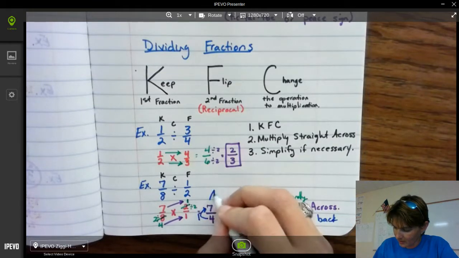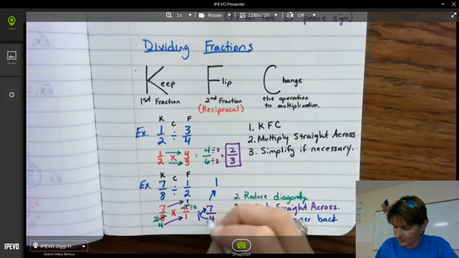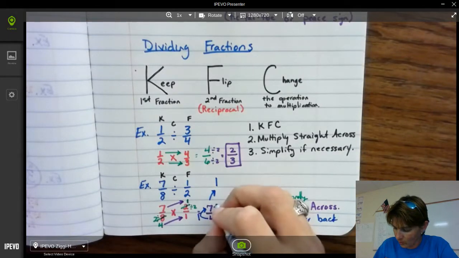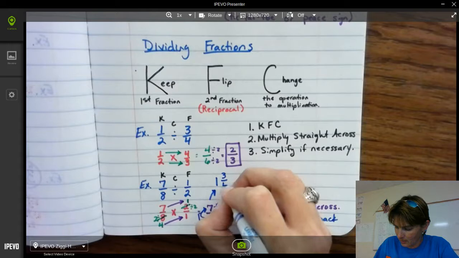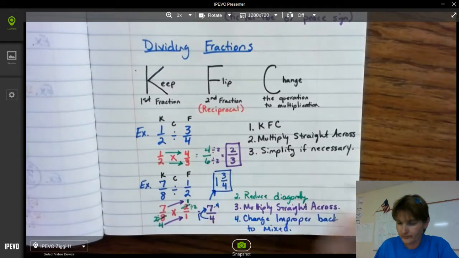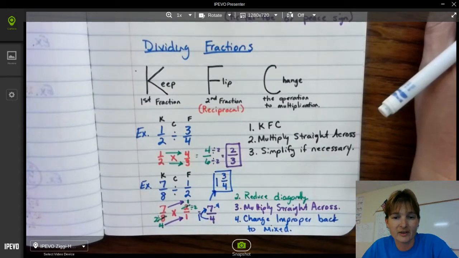Okay, and I'm going to come up here with my answer. Ran out of room, sorry. 1 whole time. 4 times 1 is 4. So 7 minus 4 is 3, and our denominator stays the same, 4. Your answer for 7/8 divided by 1/2 is 1 3/4.